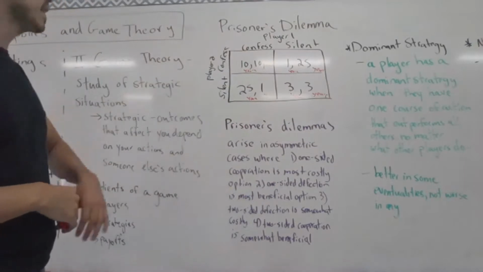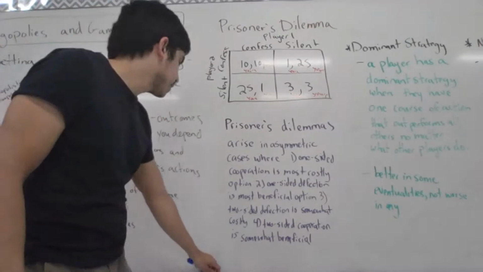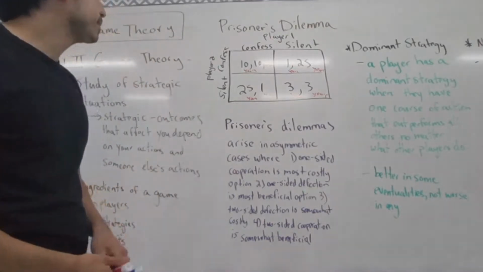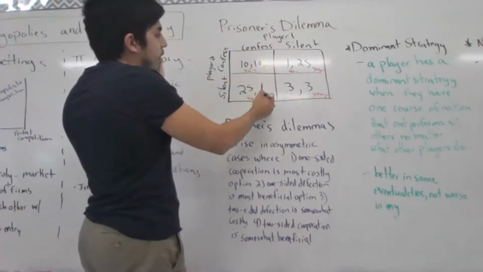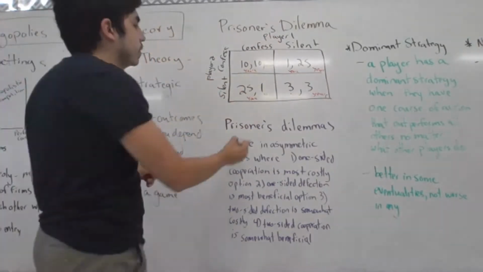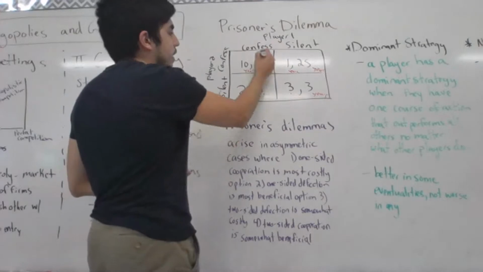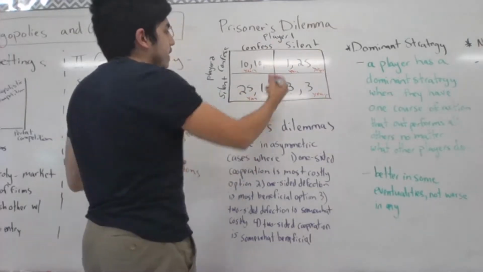And so if one player stays silent and the other confesses, then we end up in a situation in which, well, let's just go through this game. The row player is always going to be represented by the first number, and the column player is always going to be represented by the second number. So we can see the payoff.